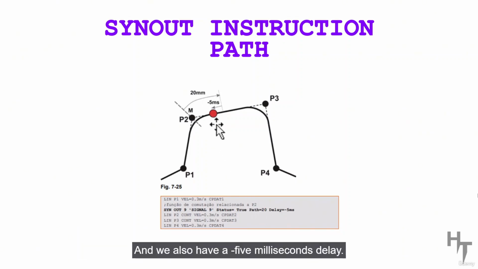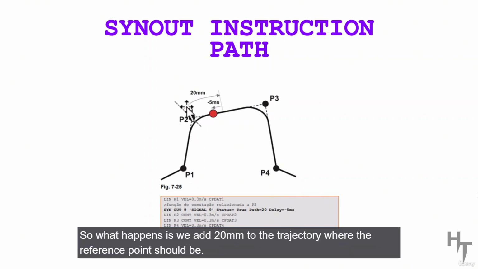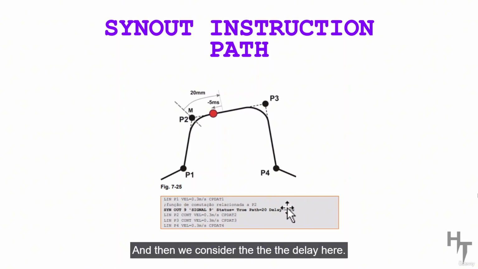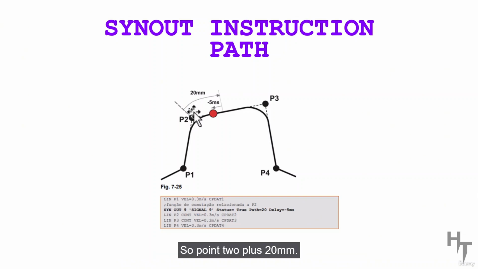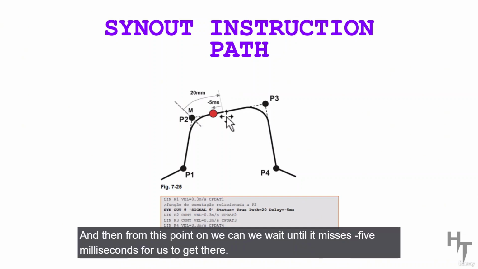And we also have a minus 5 milliseconds delay. So we add 20 millimeters to the trajectory where the reference point should be, and this is here, and then we consider the delay. So point 2 plus 20 millimeters, and from this point on we wait minus 5 milliseconds for us to get there.